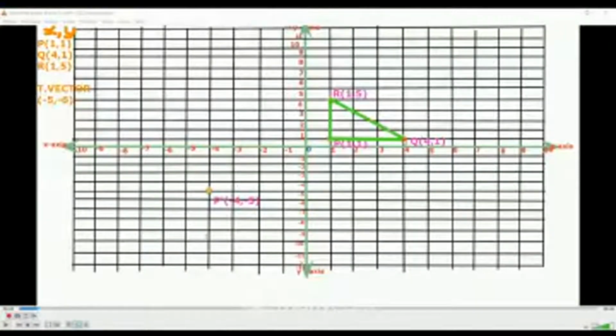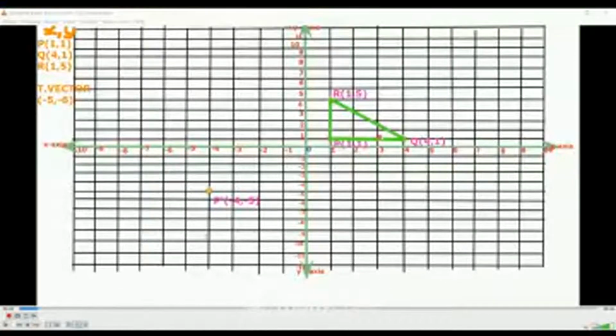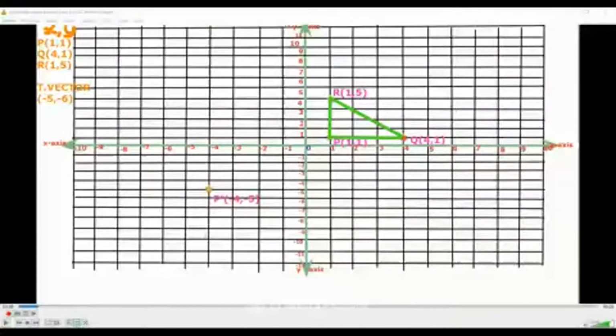From the point Q, the immediate line is the 1, so the immediate line will be the next step. So point Q here, we are counting 5 to the left side.